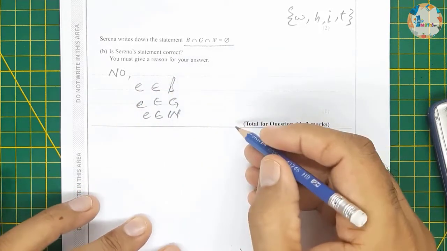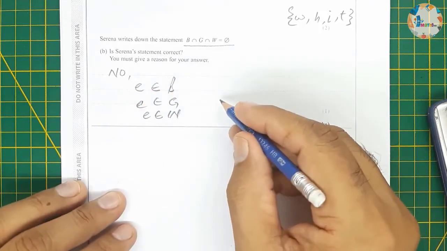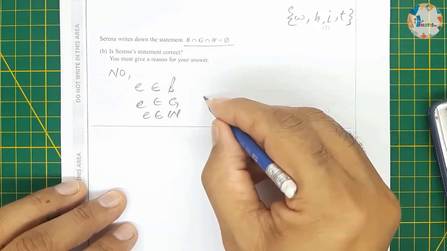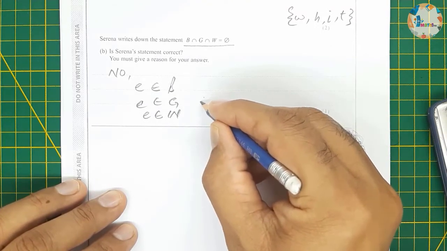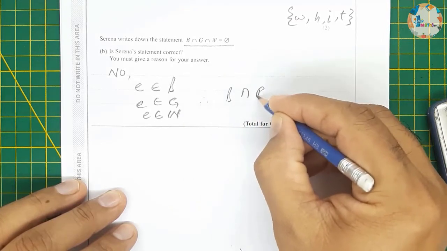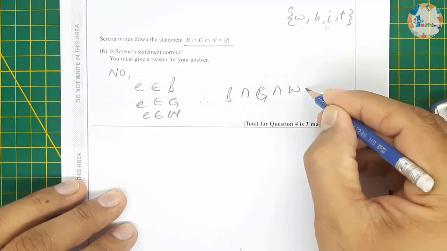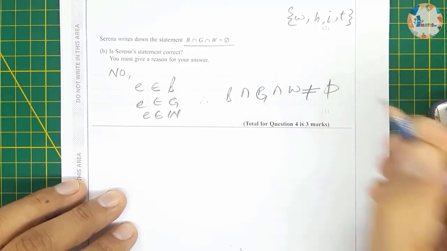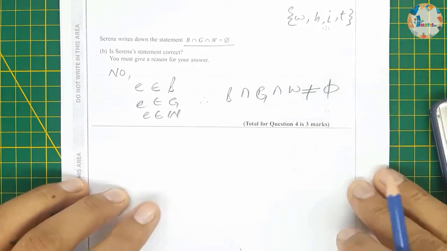So this means that it cannot be equal to 5, hence B intersection G intersection W cannot be equal to 5. So this will be our mathematical language answer.